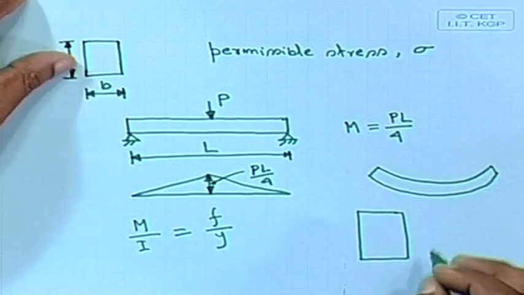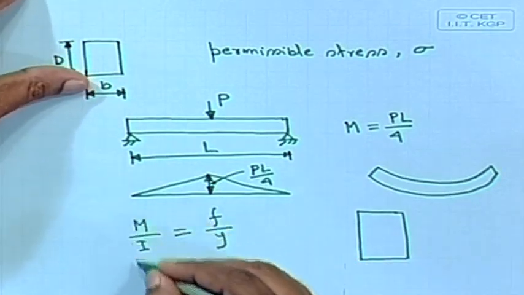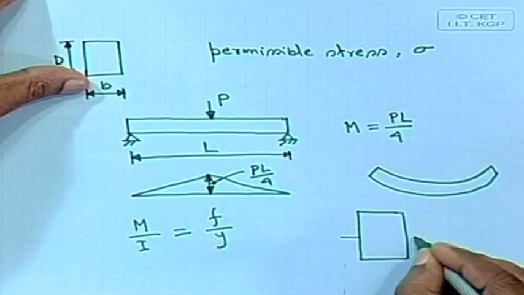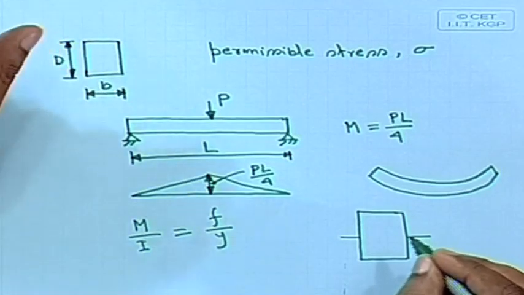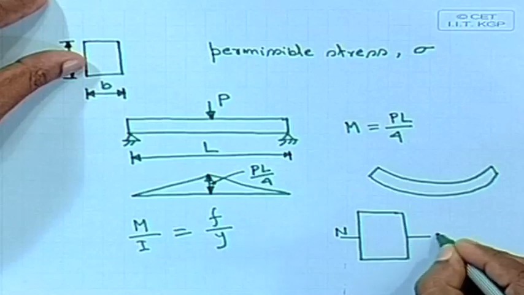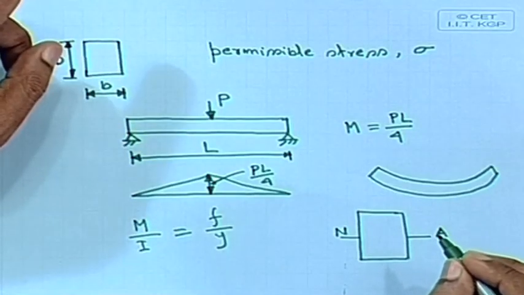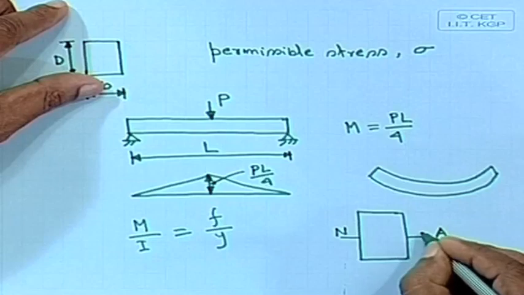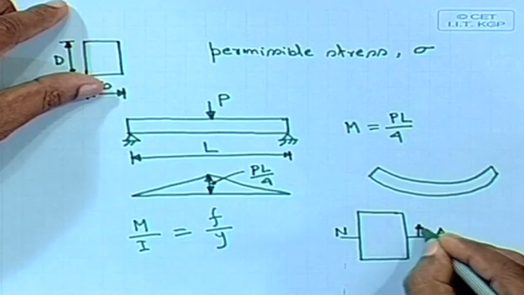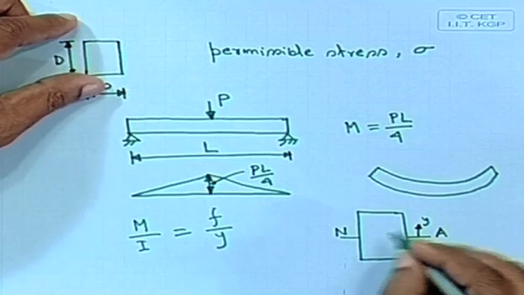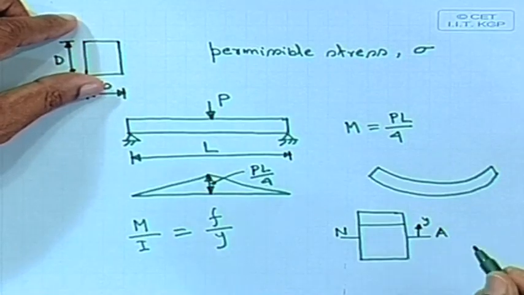So, if we consider this particular equation, let us recapitulate. We should have one neutral axis, and from the neutral axis we have that y as we go up. So, at any point we can find the corresponding stress.